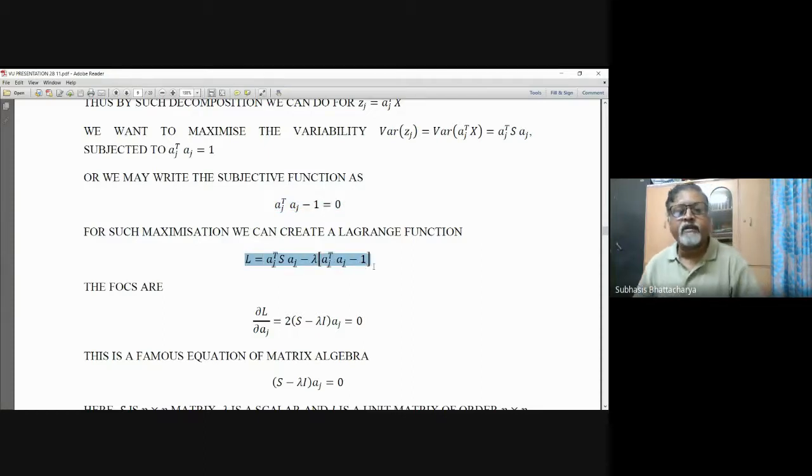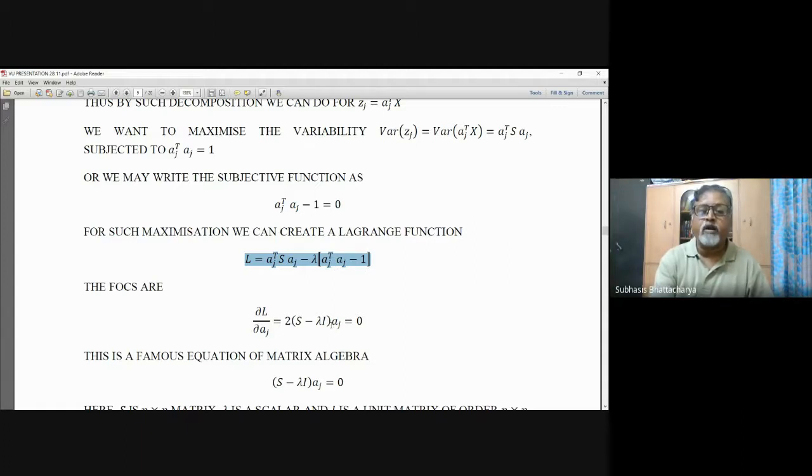So this is the Lagrange function, and if we maximize it for the choices of Aj, the result is this, because it is A transpose S A, which is something squared. So 2SA will be the result, and lambda A transpose A gives 2 lambda I, because it is an identity matrix.